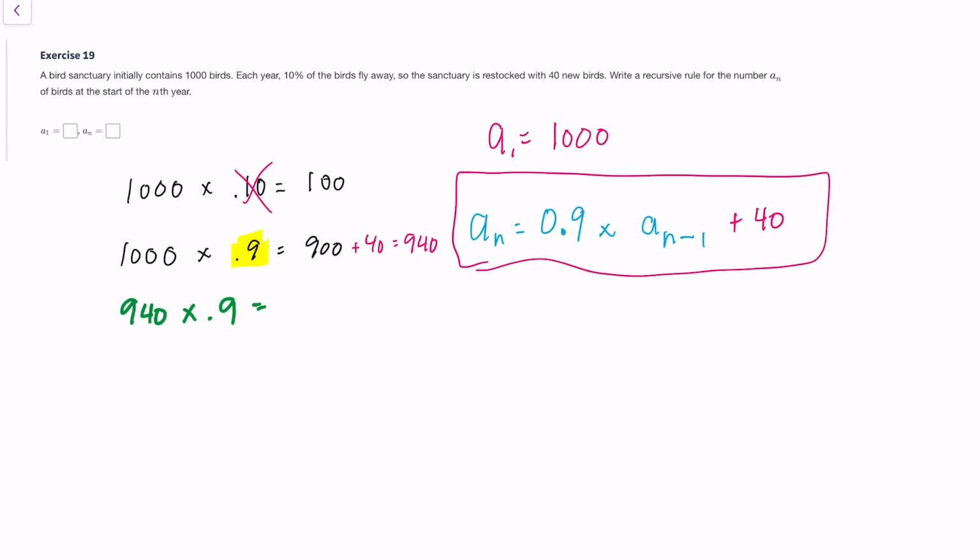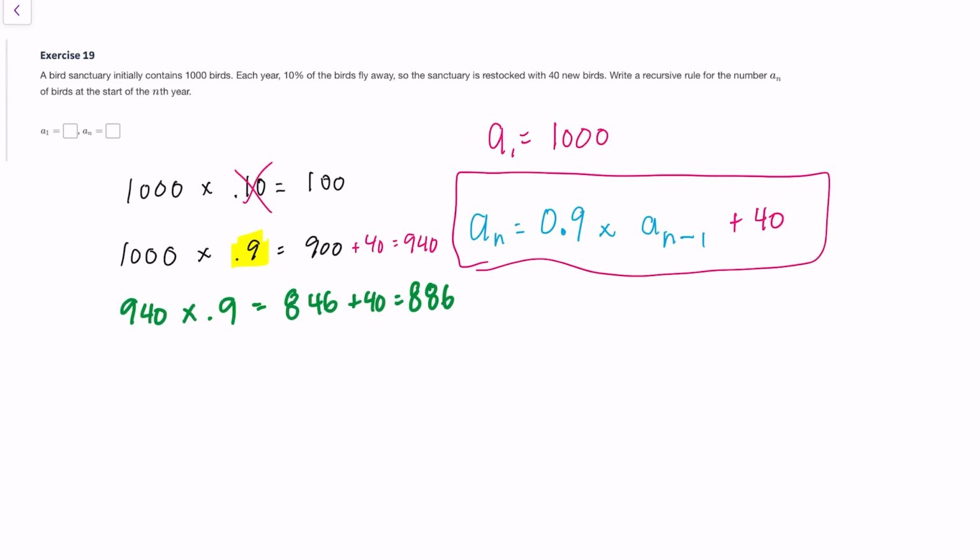So 940 times 0.9 leaves me with only 846 birds, but we restock with 40, getting us to 886. So by doing it this way, we multiply by 90% because that's how much we have left, and we'll be able to get the correct rule for this problem.